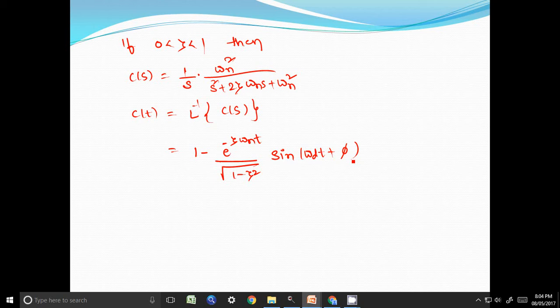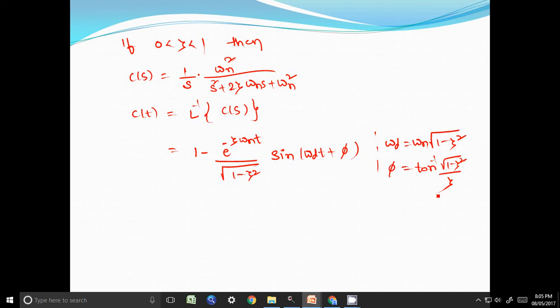Here omega_d is nothing but omega_n into square root of (1 minus zeta^2), and phi is tan inverse of square root of (1 minus zeta^2) by zeta. Here omega_d is the damped frequency and omega_n is the natural frequency.